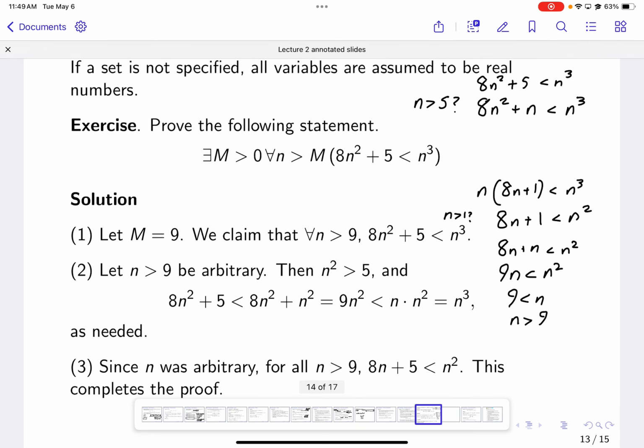Okay, the plan for this example was to turn that plus 5 into plus n squared. And how would we do that?